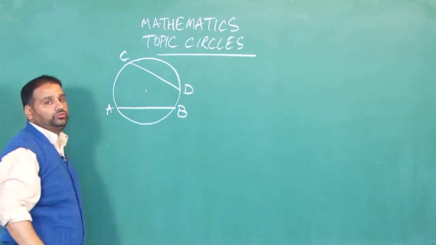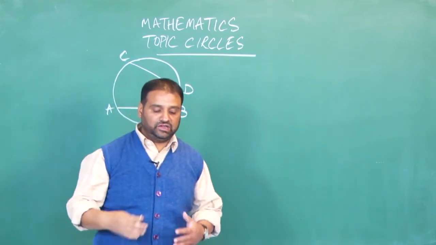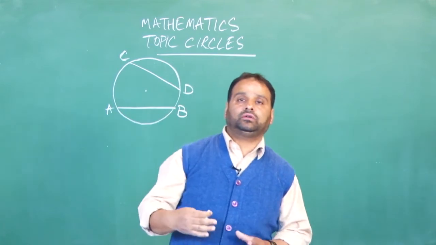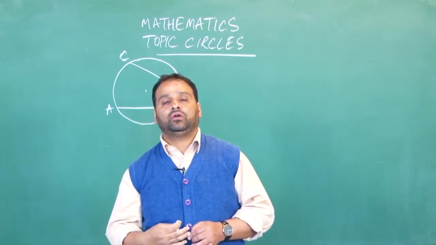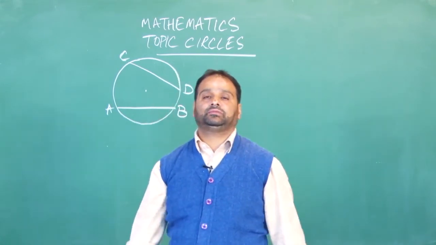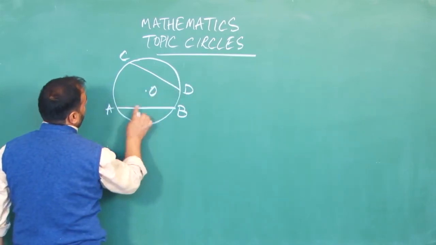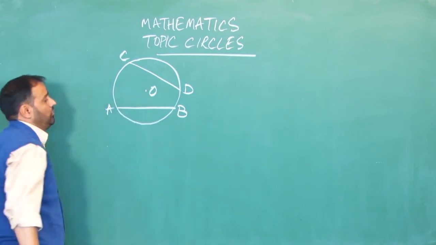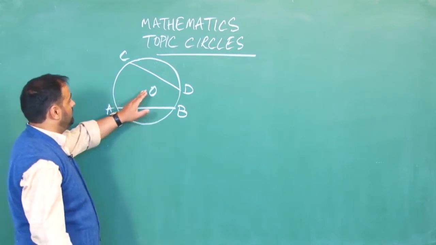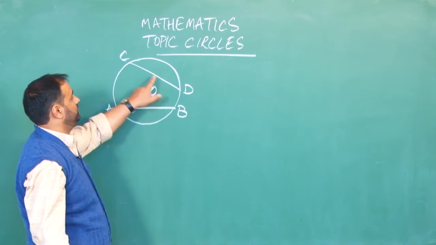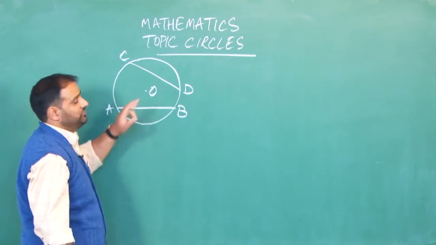We are given that both the chords are equal, and we need to prove that both the chords are equidistant, or at equal distance, from the center. That means the distance of the chord AB from the center is as much as the distance of the chord CD from the center.